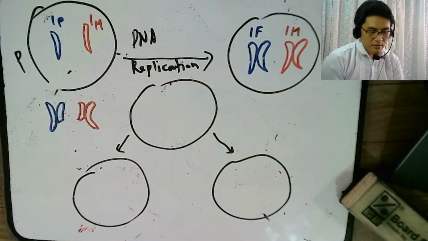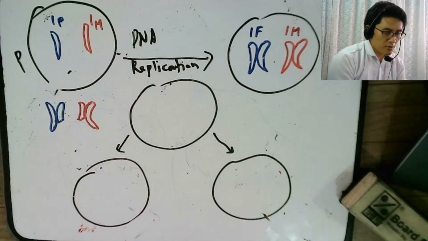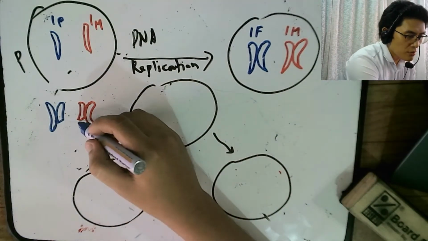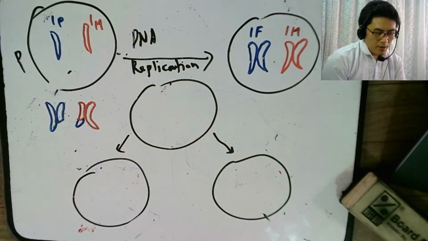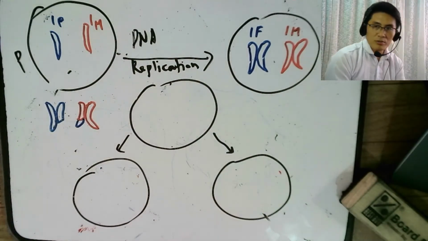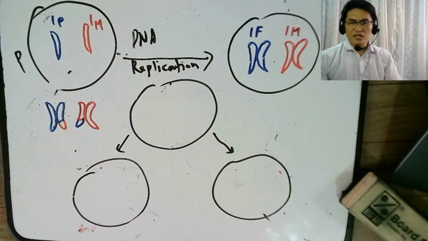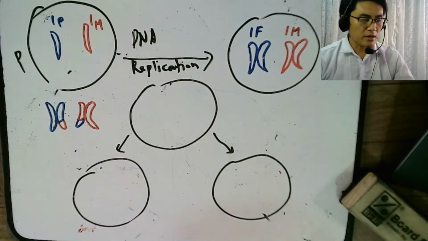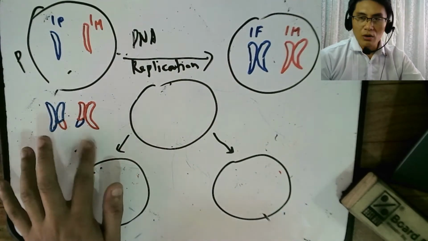But the thing is, they exchange. So this blue missing part from father's chromosome will go to the red chromosome from mother. And this missing red part from mother goes to this one. So notice they exchanged materials. Okay, they exchange materials, and this is what we call crossing over.